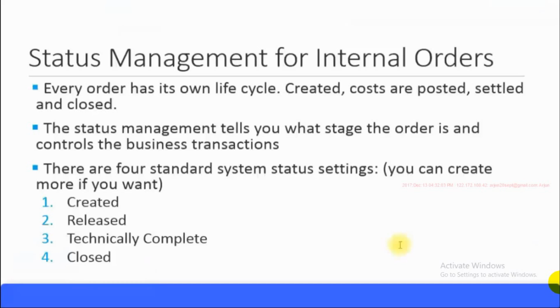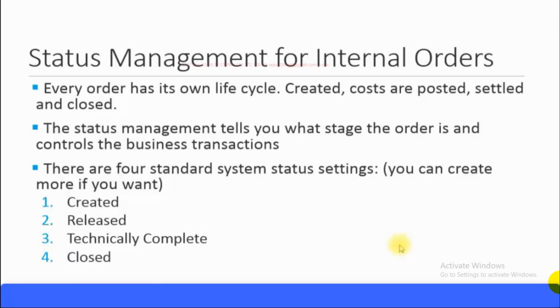Let's look at status management for internal orders. Now every order has its own life cycle. What I mean by life cycle is that you create the internal order, costs are posted to those internal orders. Sometimes it can be settled, or sometimes just for informational purposes. And once the activities are all done for that particular internal order, it's closed.